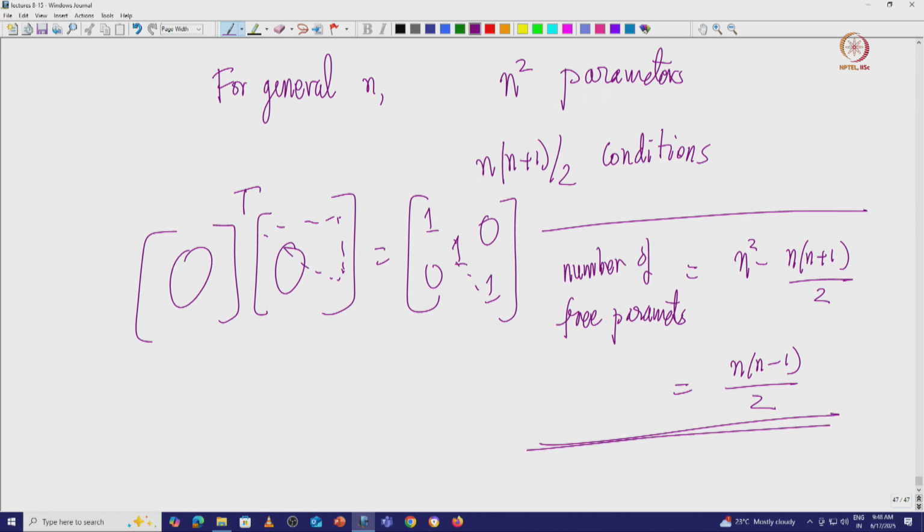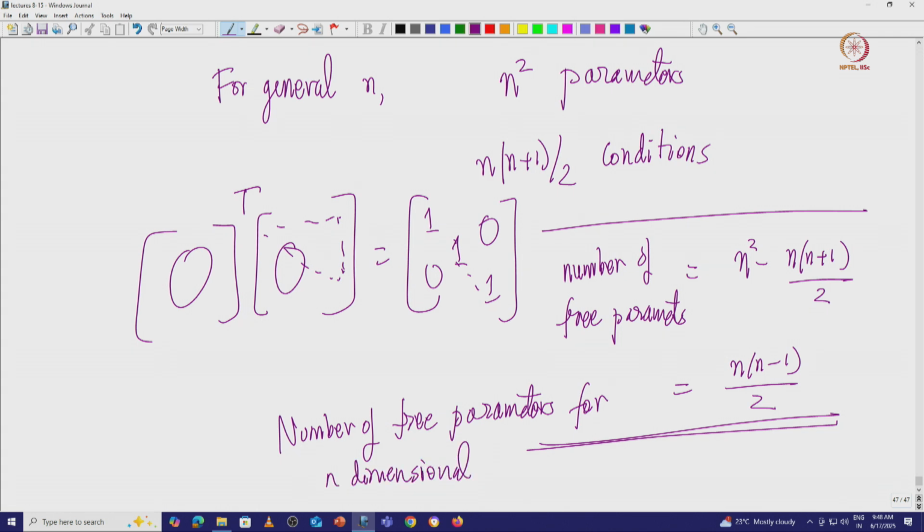So an n dimensional orthogonal matrix will have n into n minus 1 by 2 free parameters. Okay, good.